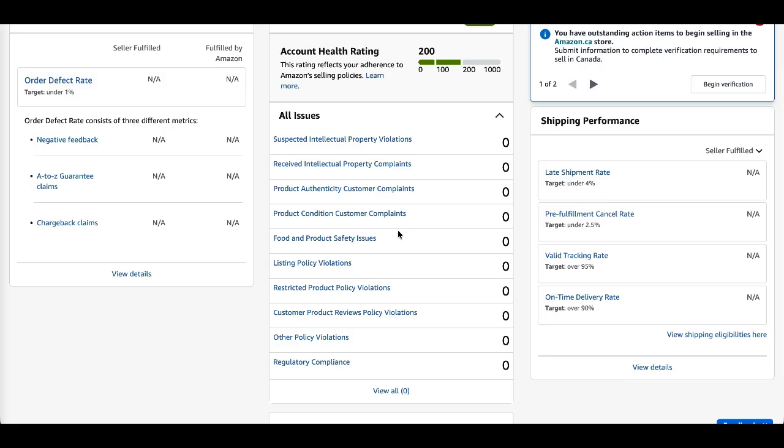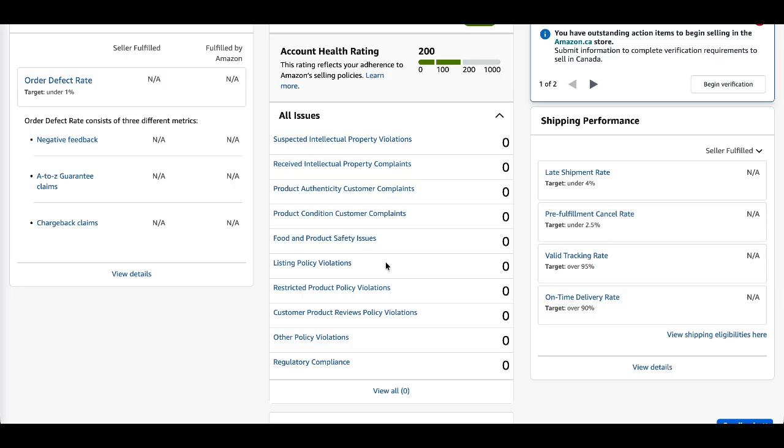Now comes the listing policy violation. There are certain violations that are applied on listings, for example, the prohibited words. You cannot claim certain words without documentation, like 100% Egyptian cotton, 100% any material, 100% cotton or anything. So you cannot claim that unless you are giving a proper document for it. So when you use those sorts of restricted materials, restricted claims or prohibited words in your listing, the listing goes into the listing policy violations.